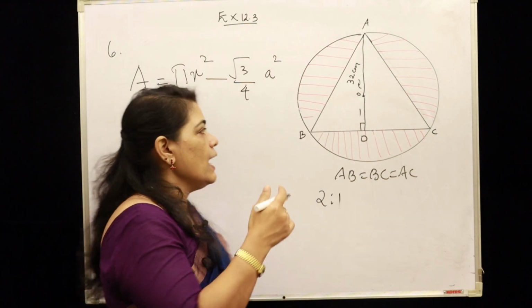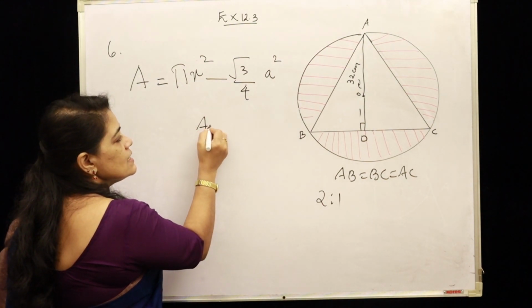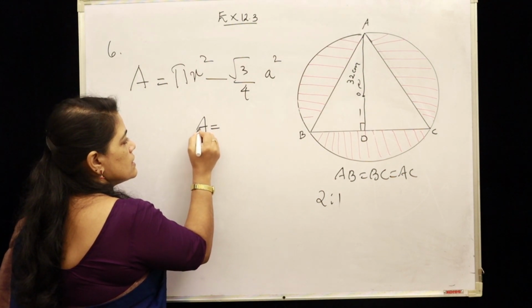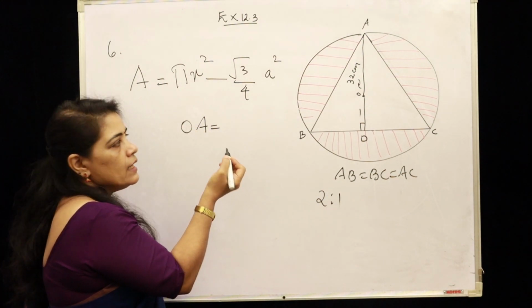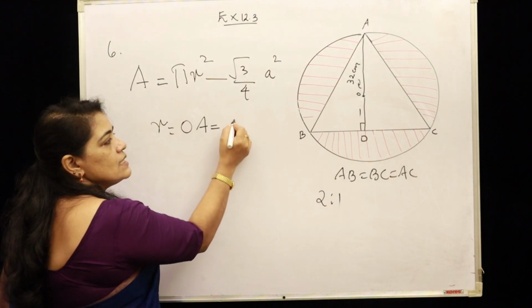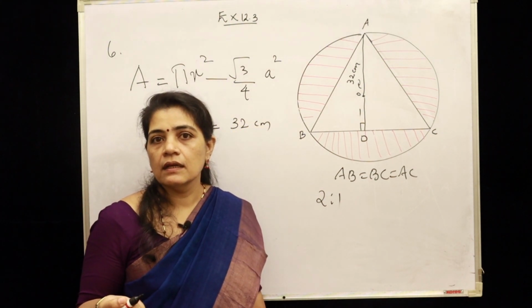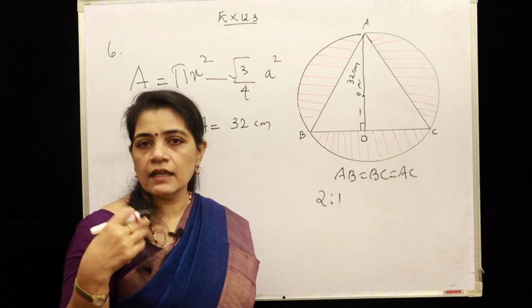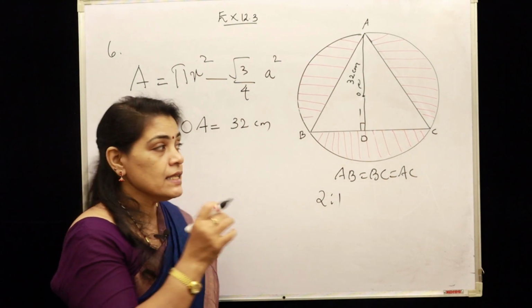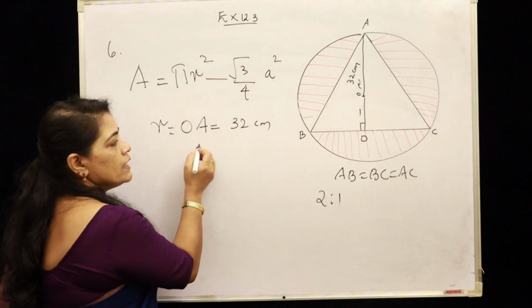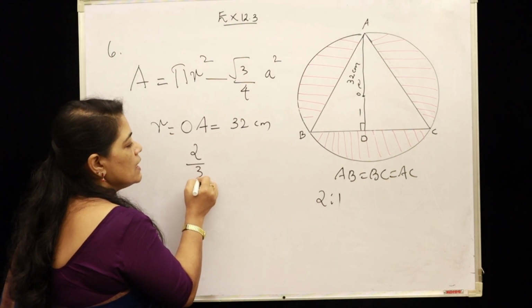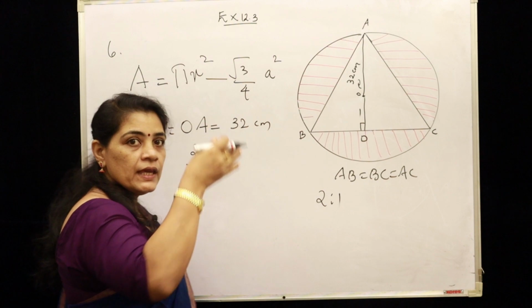That is AO, or OA, the radius, and that is given as 32 centimeter. And since the centroid divides the median in the ratio 2:1, this AO will be what? 2/3 of the median.